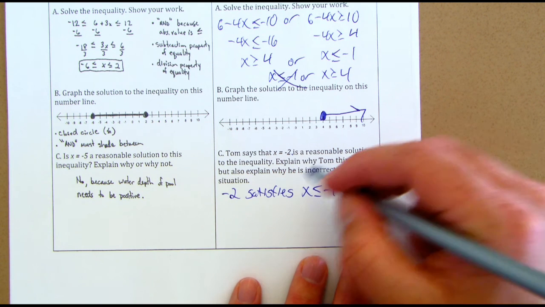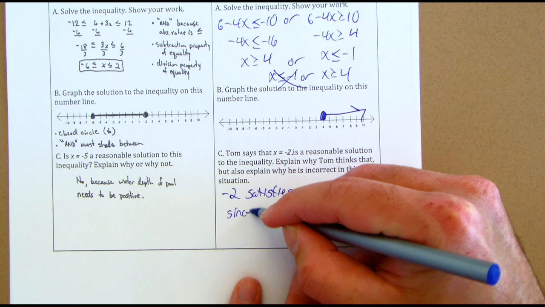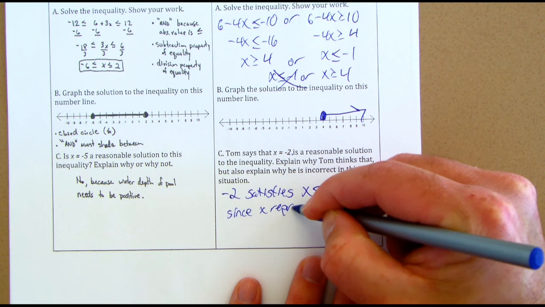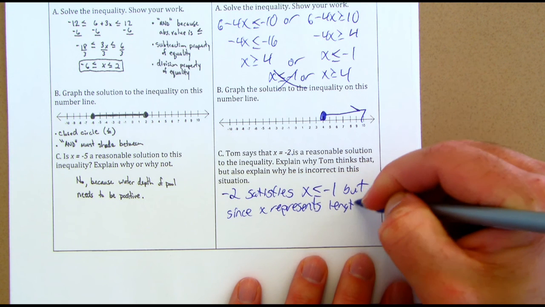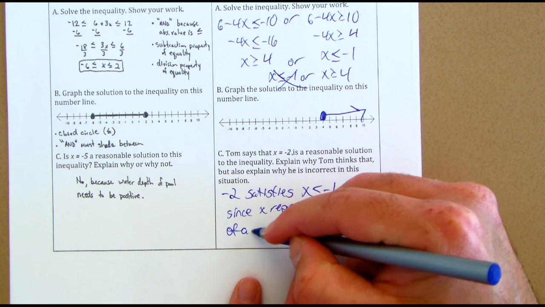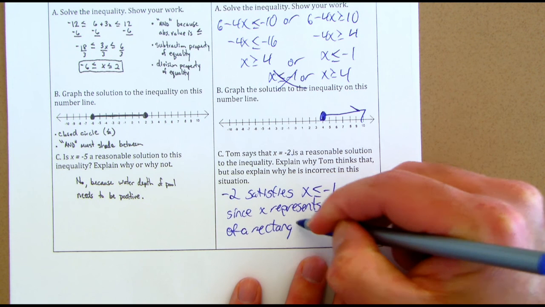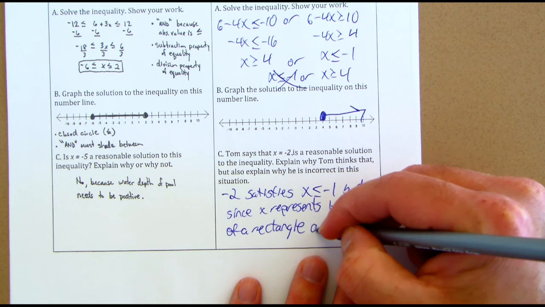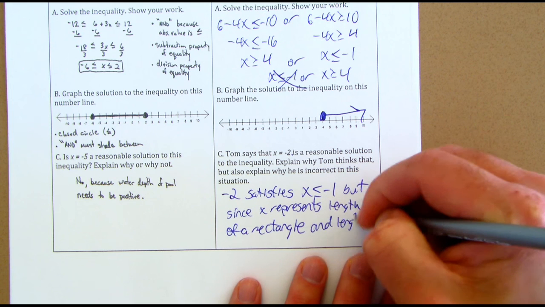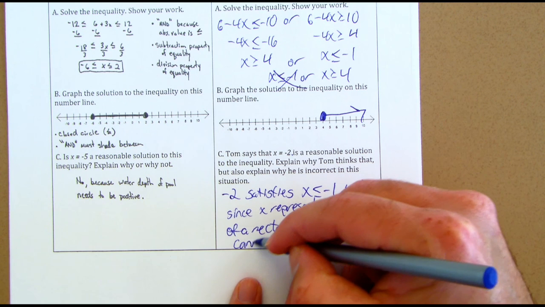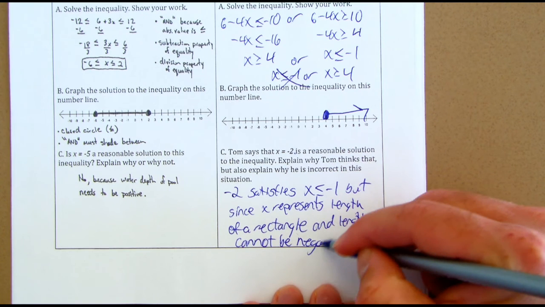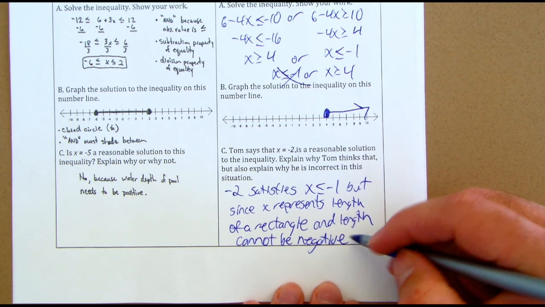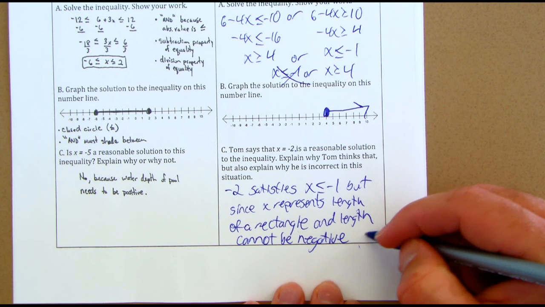But since x represents the length of a rectangle, and length cannot be negative, x equals negative 2 is not a solution.